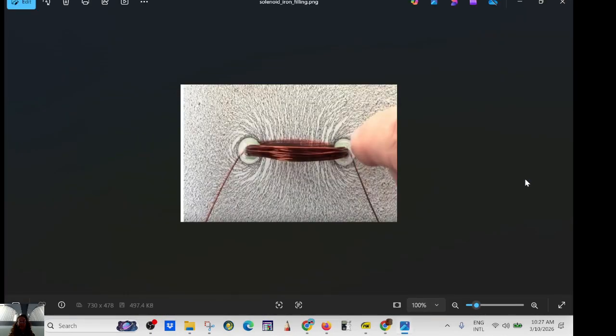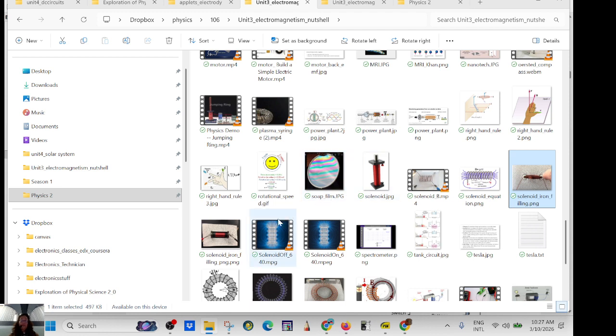Okay. So something interesting for you is that when you connect a solenoid to a power supply, the magnetic field will not pop up like this, right? Not instantaneous. It's going to expand until it reaches its maximum value.